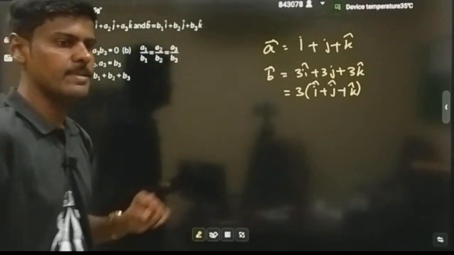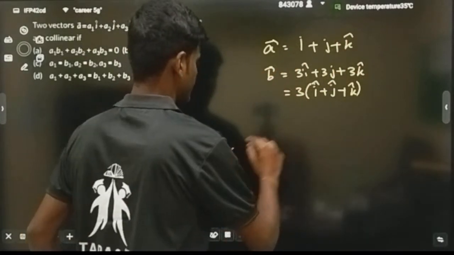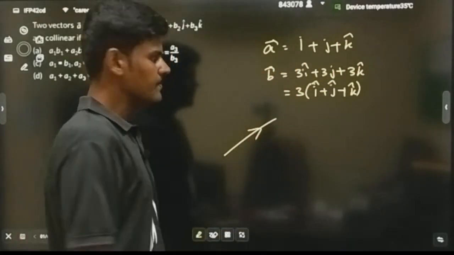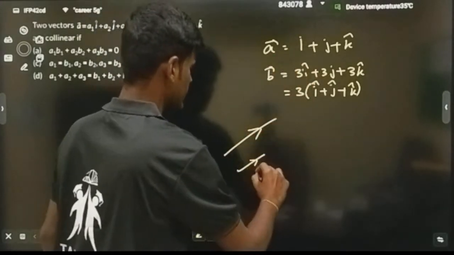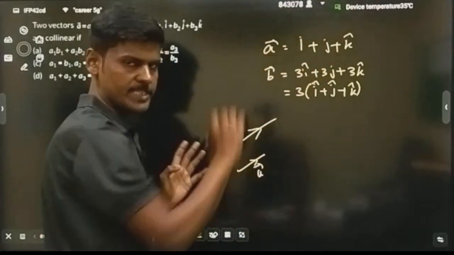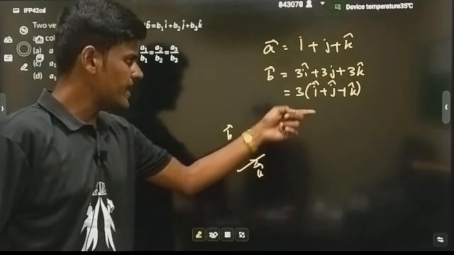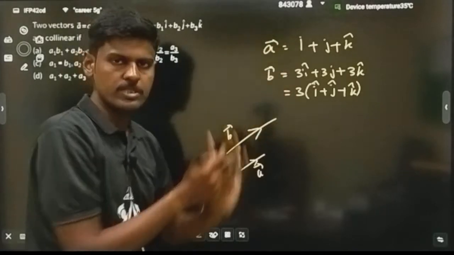We have already seen this in the magnitude of a vector. Here the direction remains the same. Say i plus j plus k direction is this one. And there is another vector. A vector is i plus j plus k. B vector is 3 times of i plus j plus k. That means the components are the same, so the direction will remain the same. But the magnitude changes.